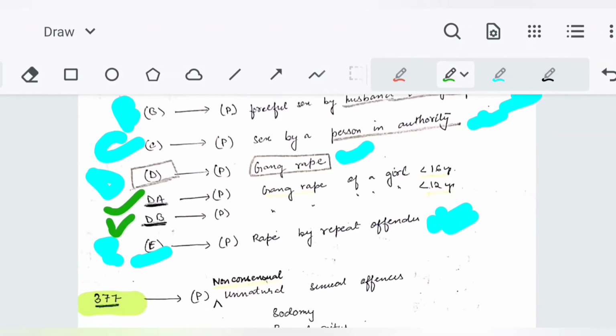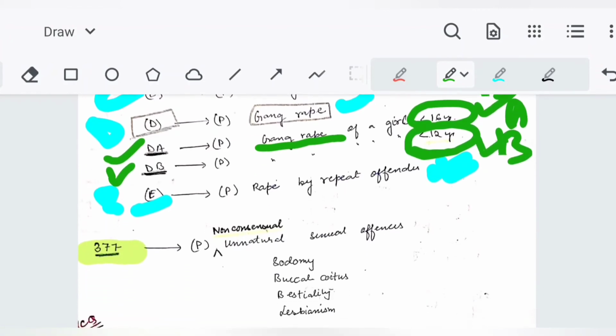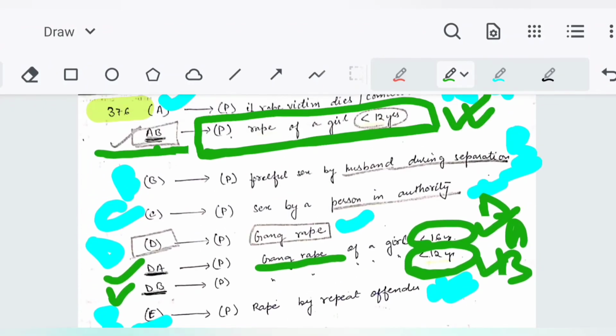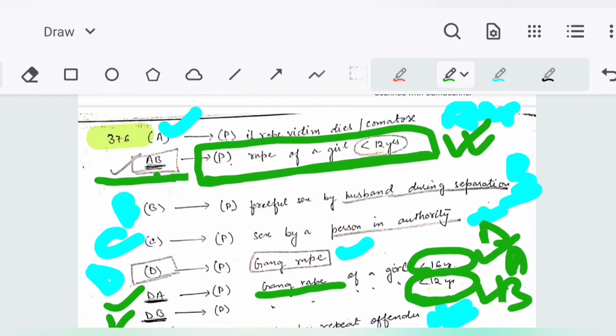Okay. Gang rape of a girl less than 16 years and less than 12 years. So gang rape is D. So DA and DB. Less than 16 years, less than 12 years. Okay. These new amendments are also very important, so you should know these new amendments, that is AB, DA, DB.